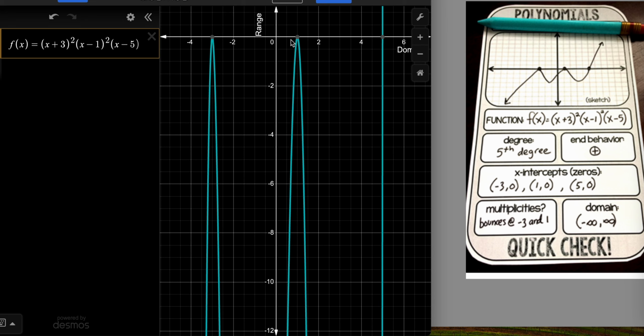The y value is 0. 1 comma 0, that's another x-intercept. Basically the function touches the x-axis, and any point that is on the x-axis, the y has to be 0. The point of contact is called the x-intercept. So that's what we are checking out. So the other final one is 5 comma 0. So it has 3 intercepts or 3 zeros.